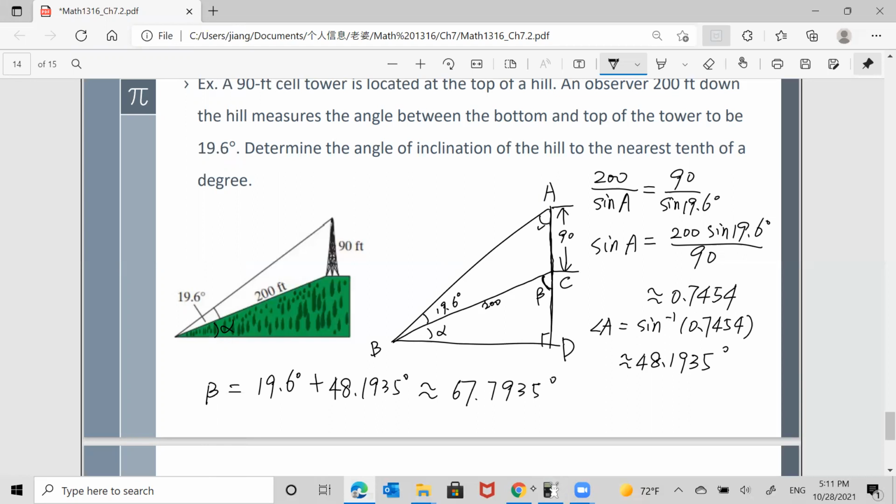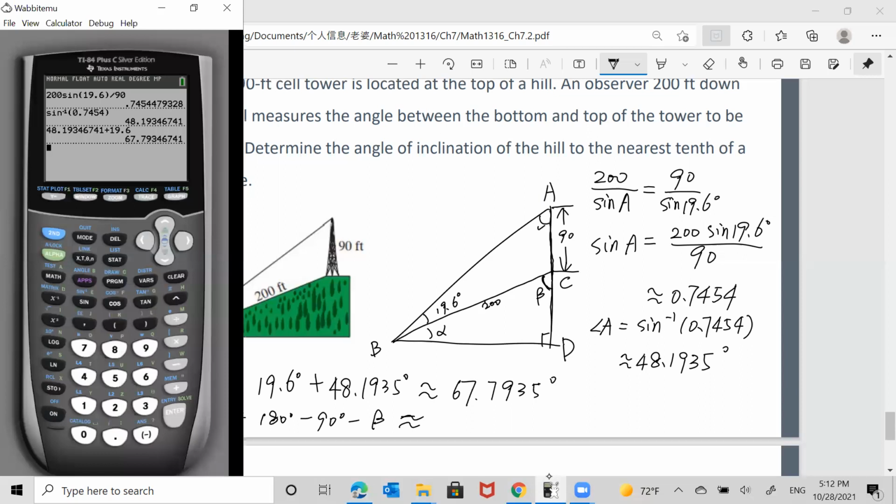And alpha is easy to find, because this is beta, not the angle B. Alpha equals 180 minus 90 minus beta. So 180 minus 90 minus 67.7935 is about 22.2.